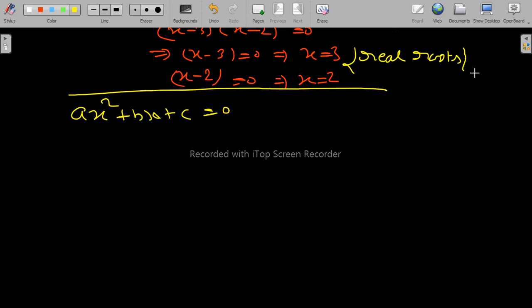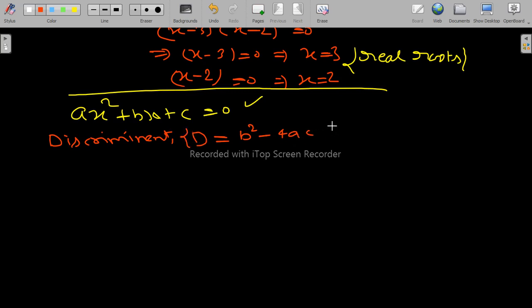But what about those cases in which there are no real roots? So there is another method called the quadratic formula. This is ax square plus bx plus c, the quadratic equation. There is one more term called the discriminant, capital D. The discriminant can be written as b square minus 4ac.